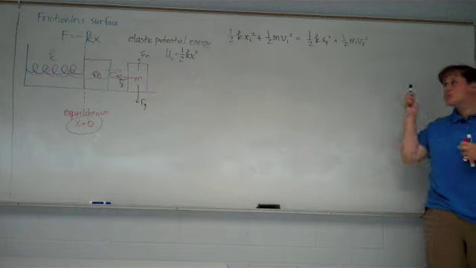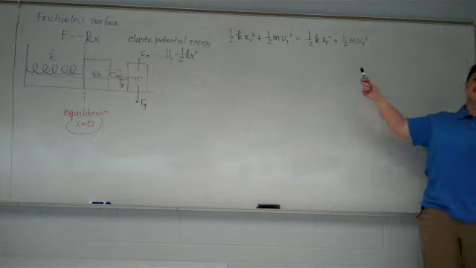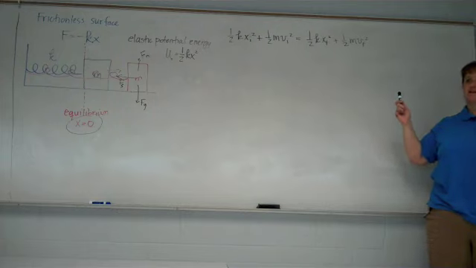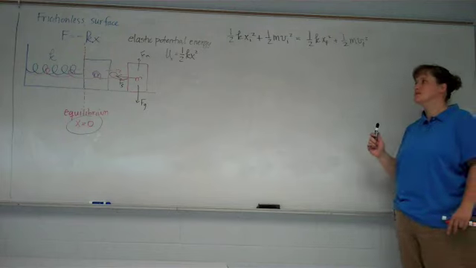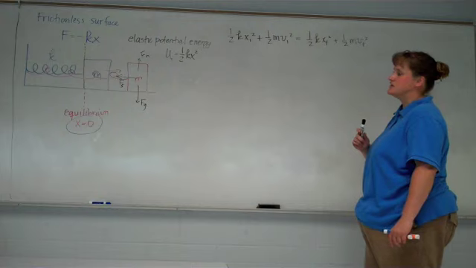Now this assumes only the spring is acting on the object in terms of accelerating it. This isn't correct if our spring, say, launches an object vertically. It's not correct if friction is in play. But that's okay. So right now we're looking at a frictionless surface.